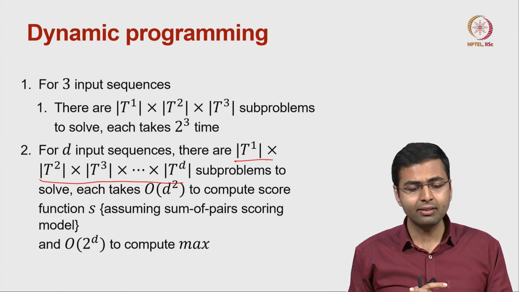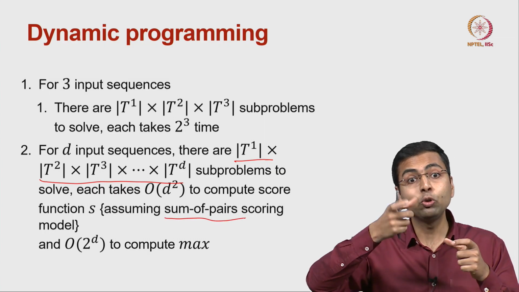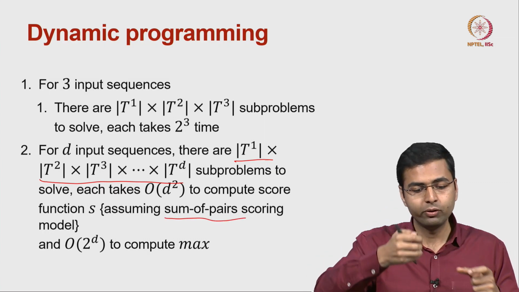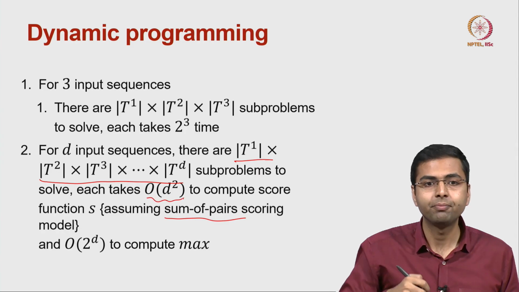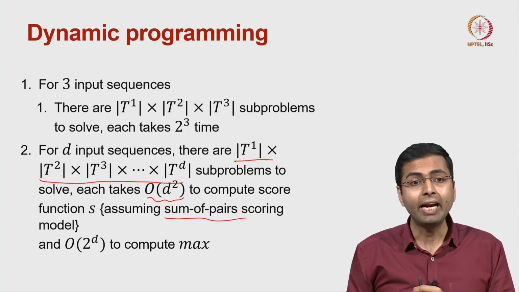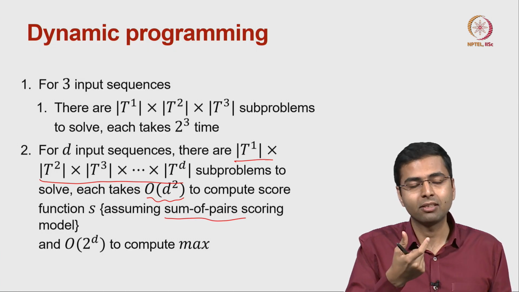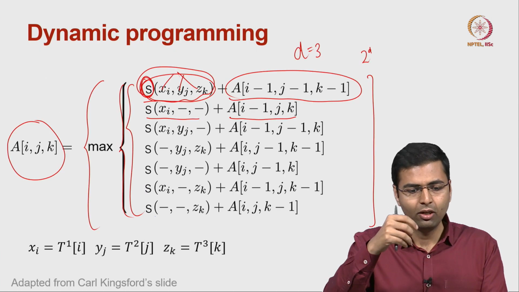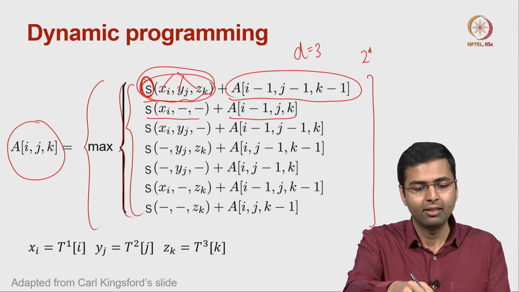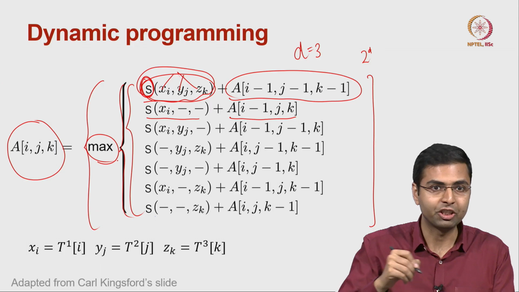Well, if you consider the sum of pairs cost model, remember that we have to consider all D choose 2 pairs. So therefore it is taking order D square time to calculate the score function S, and we have to calculate this score function 2 raised to power D times, because we have to consider all 2 raised to power D possibilities for filling that value when we are computing the max function.